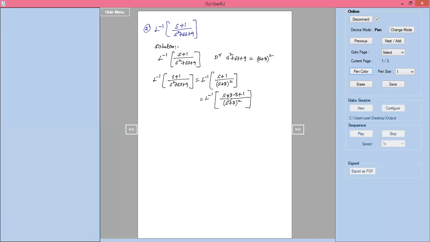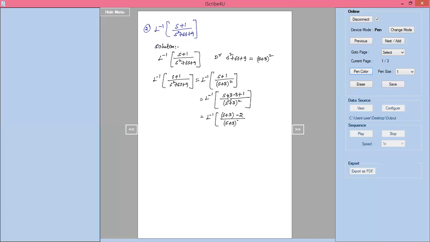Now if I simplify this, next step, L inverse of s plus 3 divided by s plus 3 whole square, minus 3 plus 1, which is minus 2, divided by s plus 3 whole square.